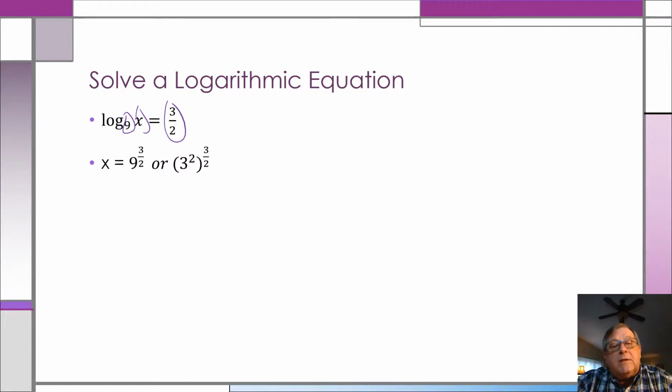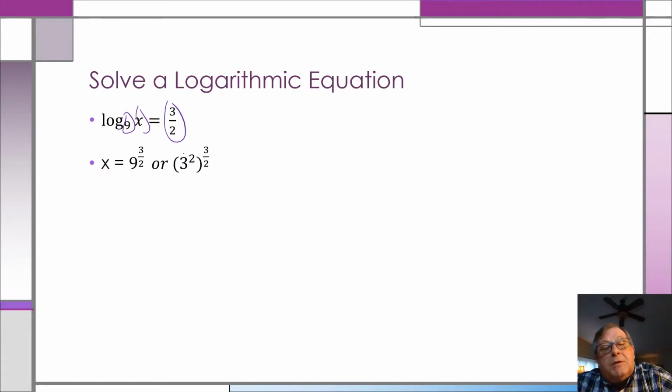And I included this other because this is the way your book shows it. We could simplify that 9 and say, okay, this 9 is 3 squared, and we're raising 3 squared to the power of 3 over 2. And of course, when we're raising an exponent to a power, we multiply the exponents.